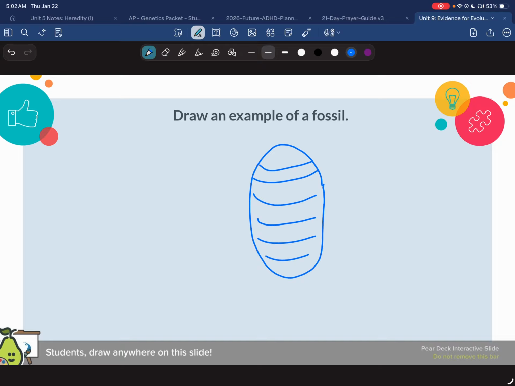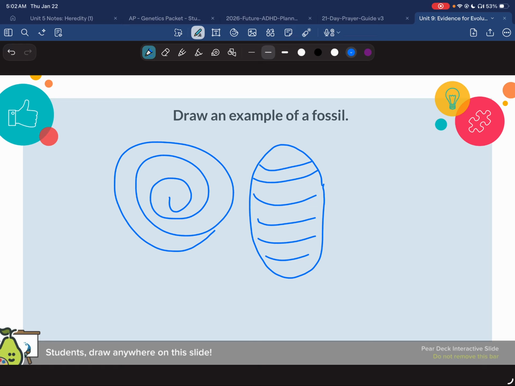I'm a terrible drawer, art is not my strong suit. I either think of this or the snail shells, the nautilus shells, or maybe a leaf that's been imprinted, right? Because it's not there anymore, but you can see its imprint left behind.